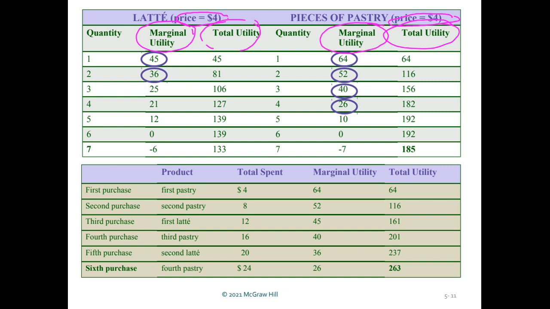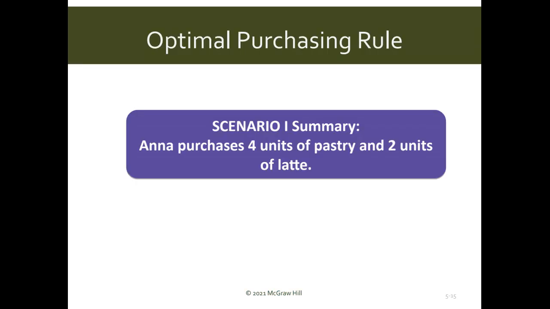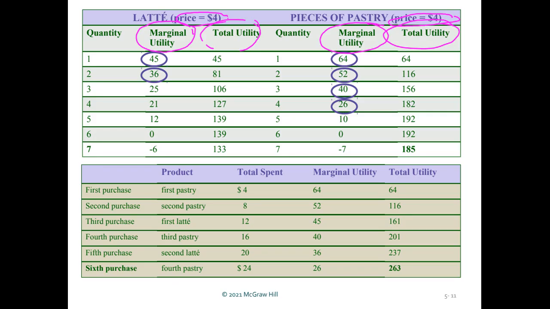Latte or pastry? If I look at the data, for the first latte, the marginal additional utility is 45, there's no unit here, right? 45.